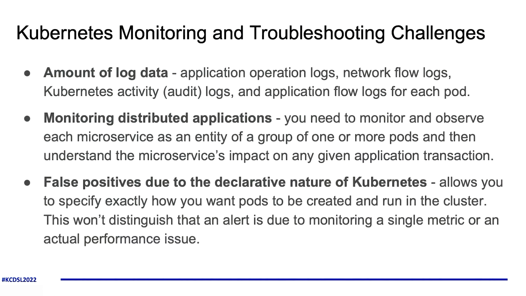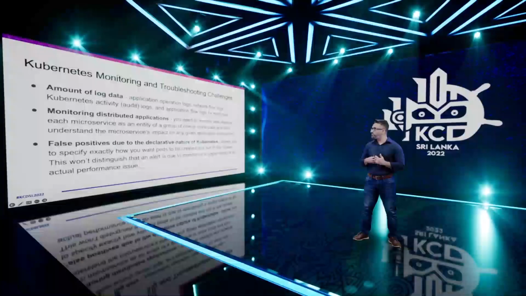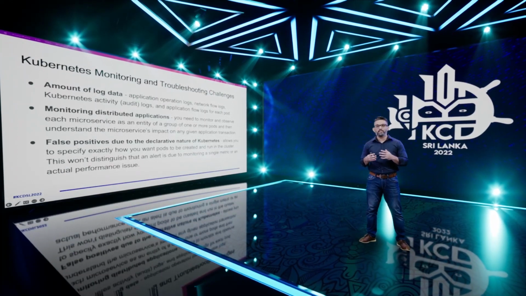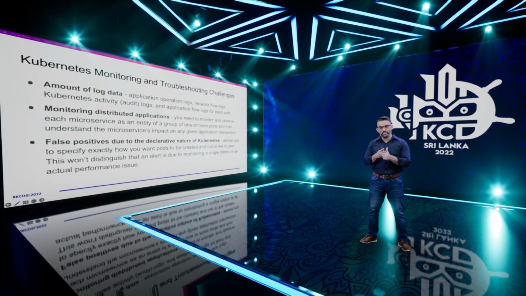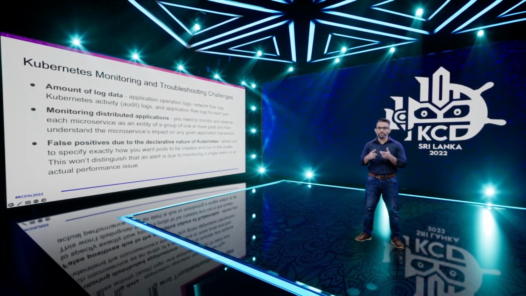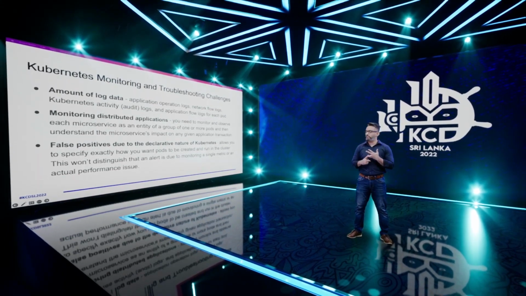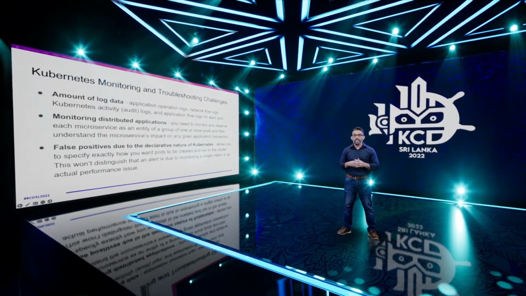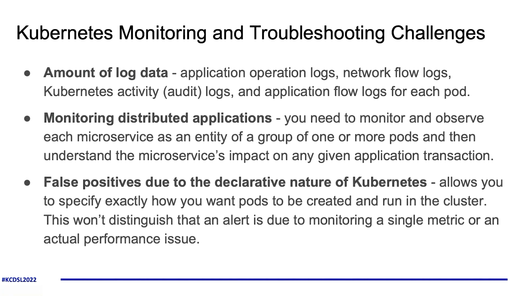Alright, so there are some challenges that come with observability as well. One is the amount of data. You get data from your nodes, you get data from your pods, the flow data, so much data that you have to manage. Secondly, you also have difficulty because it's a distributed system. You have so many moving parts.